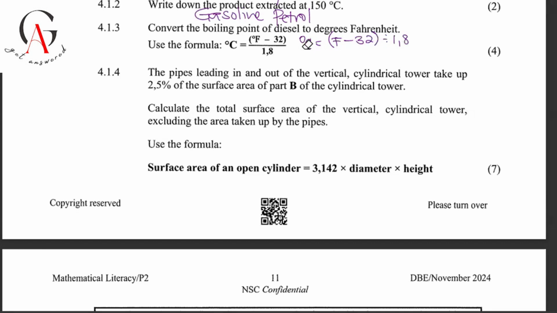Or the easiest way to do it, since there's a denominator, this denominator has to jump over the side. So it will be C times 1.8 giving me the Fahrenheit minus 32. So I already have the degrees Celsius for diesel.